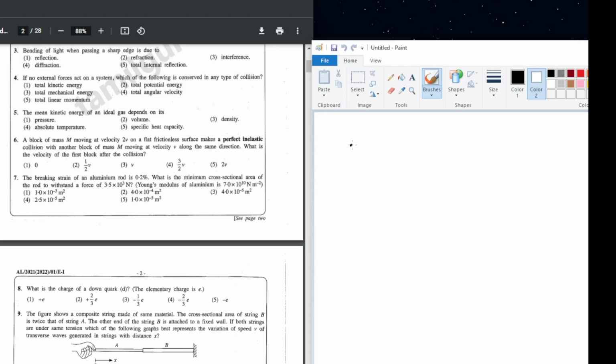We write down the speed of the wave in a string. It is given by square root of T over M, T is tension, M is mass per unit length.